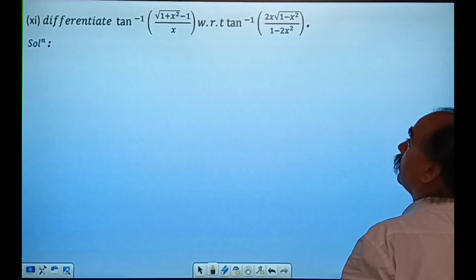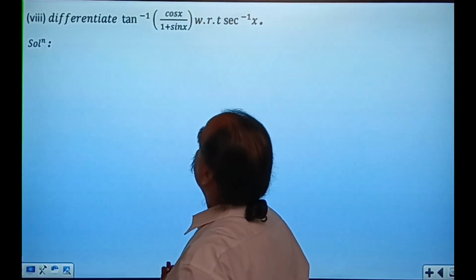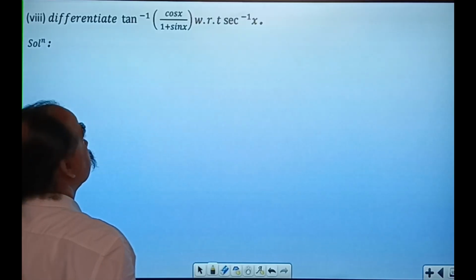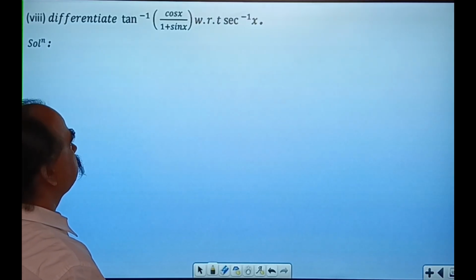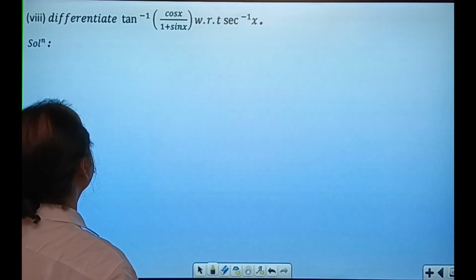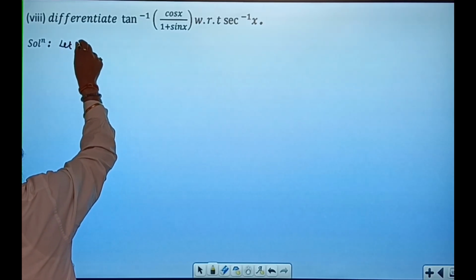Differentiate tan inverse cos x upon 1 plus sin x with respect to sec inverse x. Let u is what?